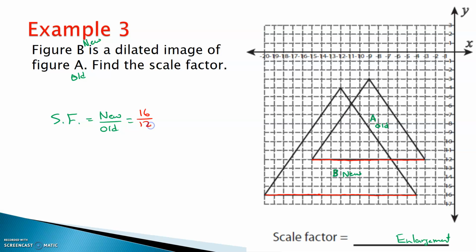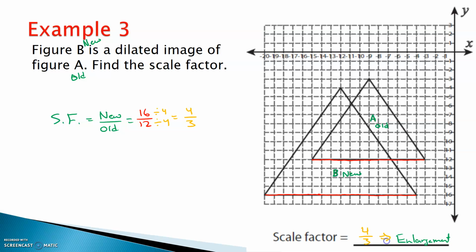Okay. But of course, I want to simplify that fraction. What can I divide top and bottom by? I can actually simplify by 4. 16 divided by 4 is 4. 12 divided by 4 is 3. So my scale factor is 4/3. And again, that is bigger than 1. So it makes sense that this is actually an enlargement.